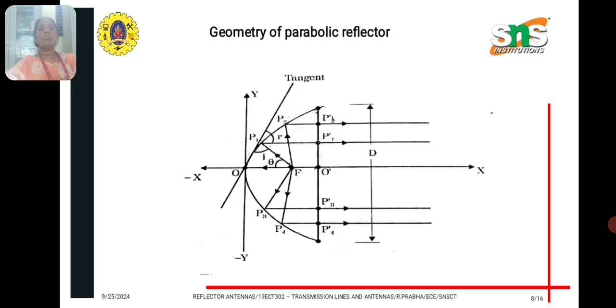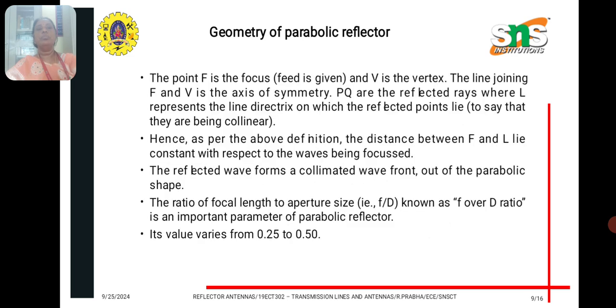This is the geometry of a parabolic reflector. A parabola with O dash as the axis, the width is d, P is a point and F is the focal point. F is the focal point, V is the vertex, and the line joining the vertex and the focal point is the axis of symmetry.